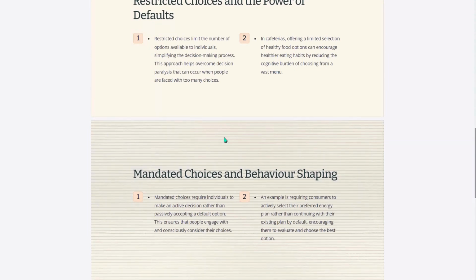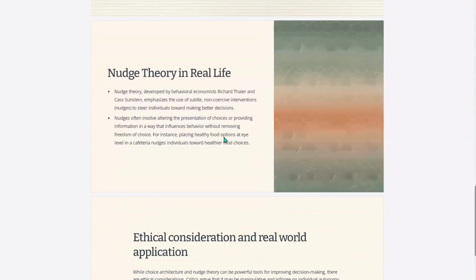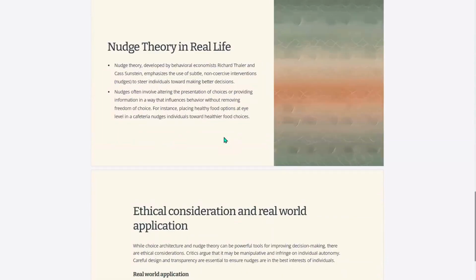Similarly, nudge theory is a very good way of ensuring that customers, whenever they make decisions, make them in their best interest. This theory was developed by Richard Thaler and Cass Sunstein.